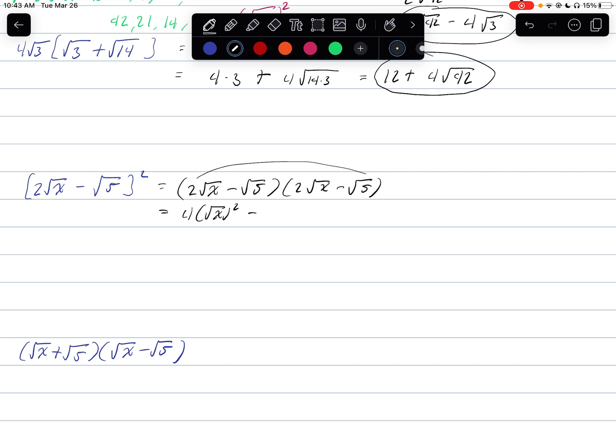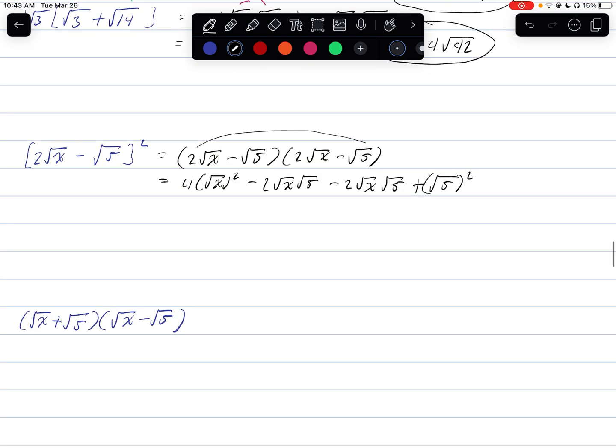So we have 2 times the square root of x times negative the square root of 5. So we have minus 2 times the square root of x times the square root of 5. And then we have minus 2 times the square root of x times the square root of 5. And then we have plus the square root of 5 squared.